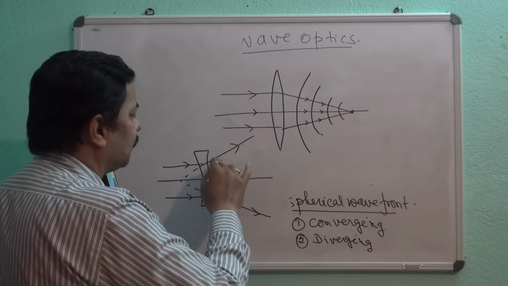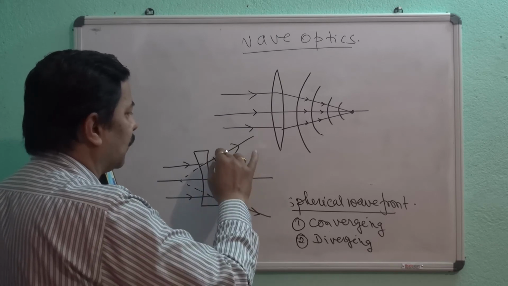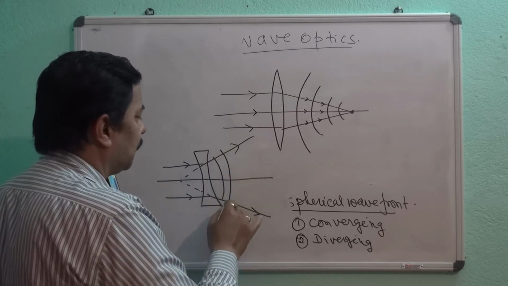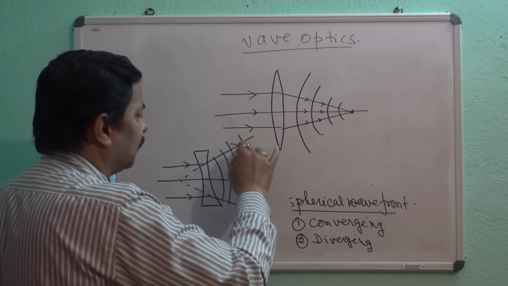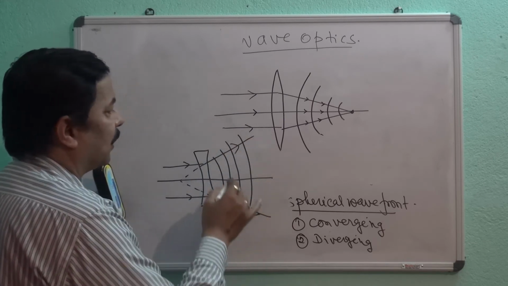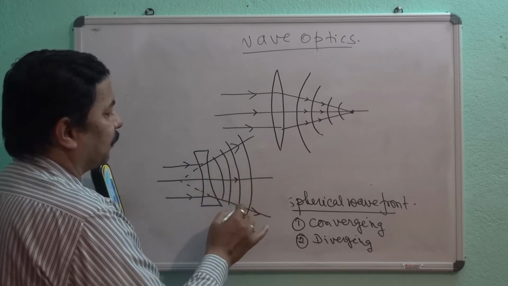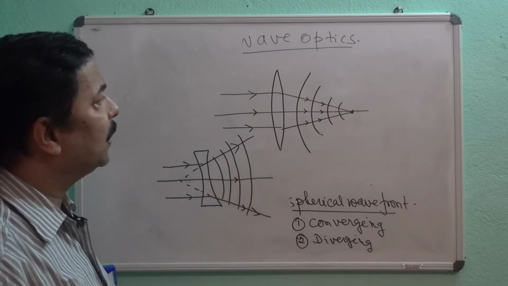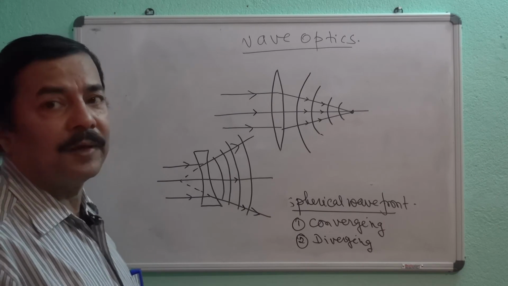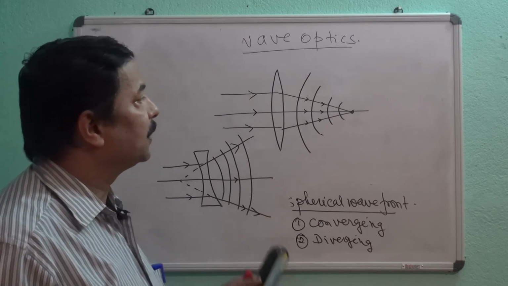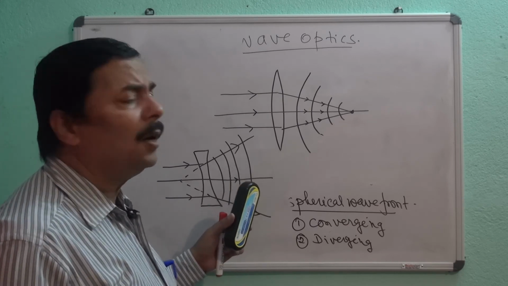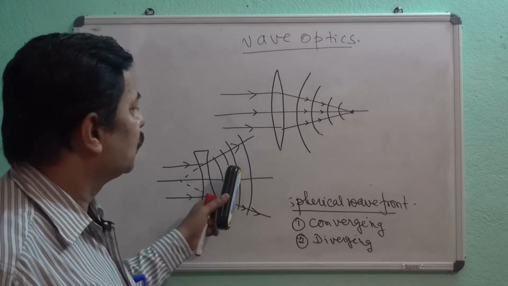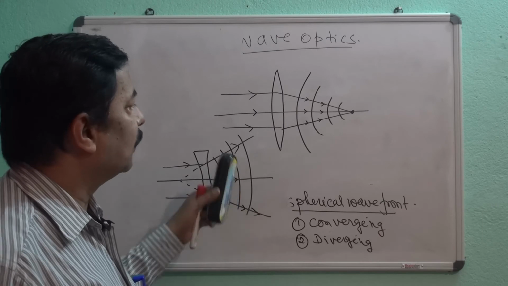You will observe the wavefront in this way. With time, this is your diverging wavefront. So we have seen the converging spherical wavefront and the diverging wavefront. Now this was all about the point source of light.